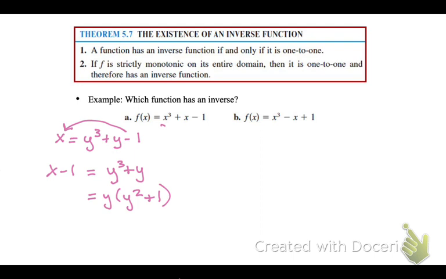I can move the 1 back over. Now, the reason I can do that is that now I can set it equal to 0. So then it'd be negative 1 equals y squared plus 1.